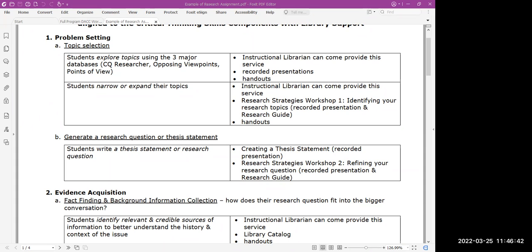So on the left-hand side of the chart there, you see what we attempt to provide in terms of what you would normally see in a learning outcome for students, right? The skills that they should be able to complete. That's what you see on the left-hand side, and those are not set in stone.